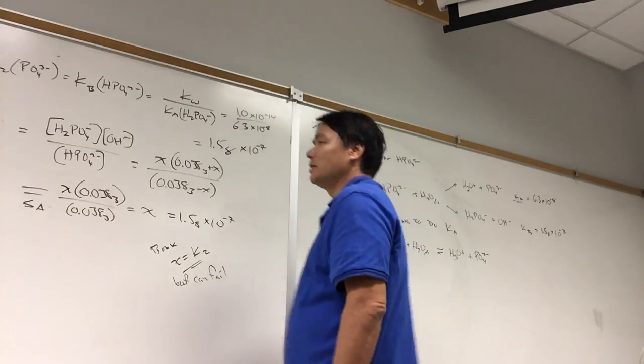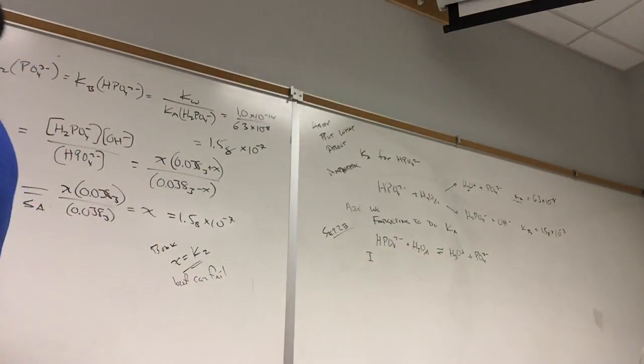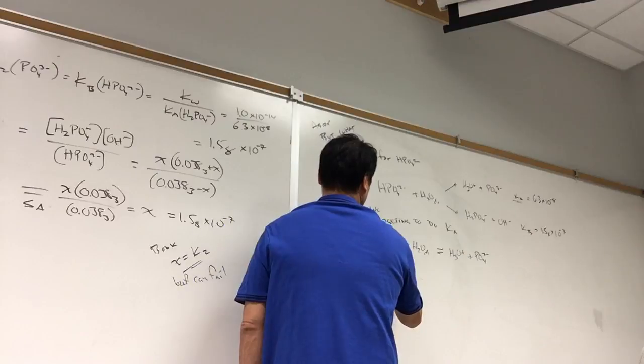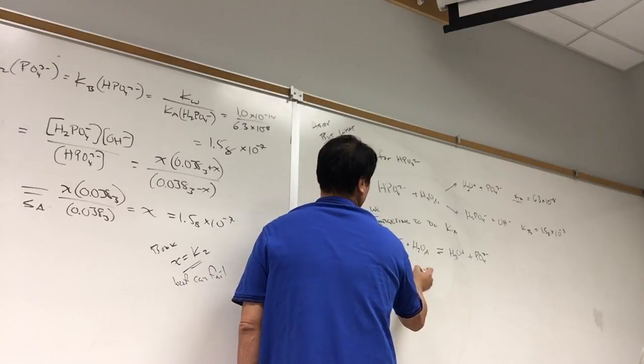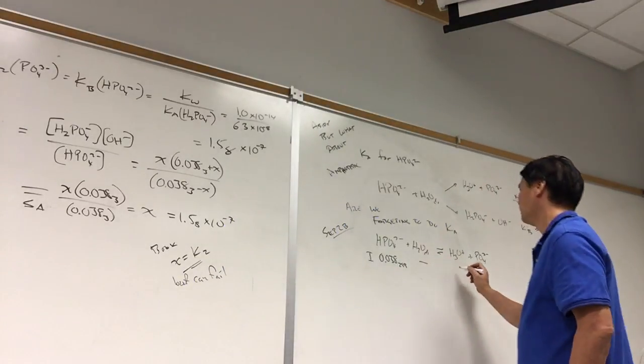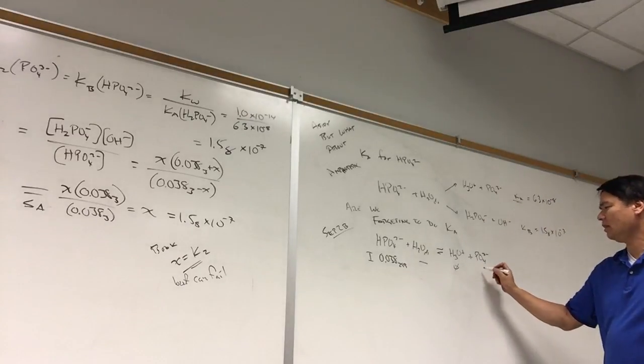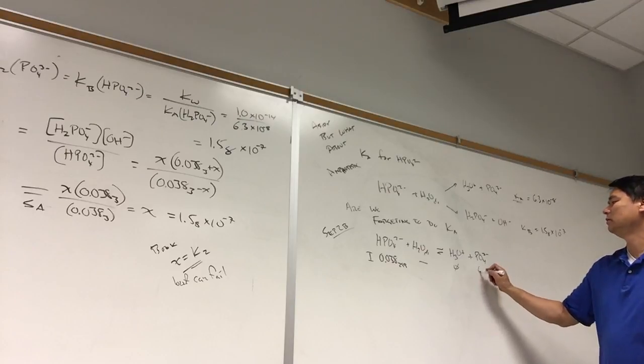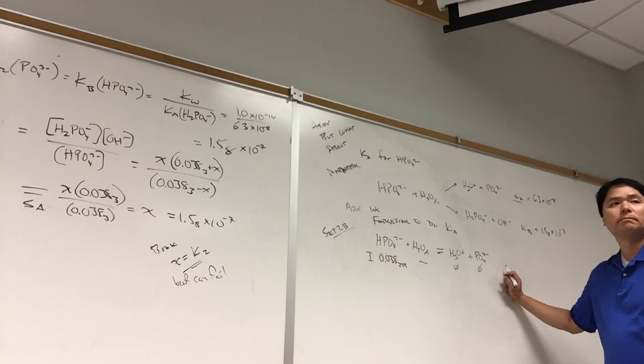And so what I'm going to do is carry these down here. So I have some monohydrogen phosphate, 0.038299. And then water's out there. Hydronium, I have nothing. And phosphate, do I have any phosphate in here? No. What about that 0.0617 remaining from step 1?